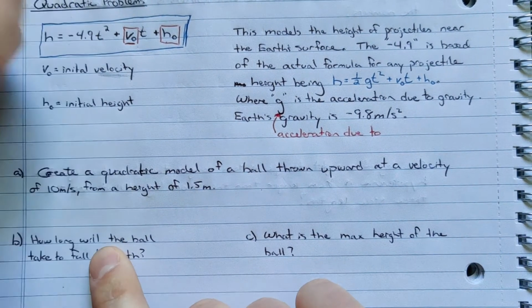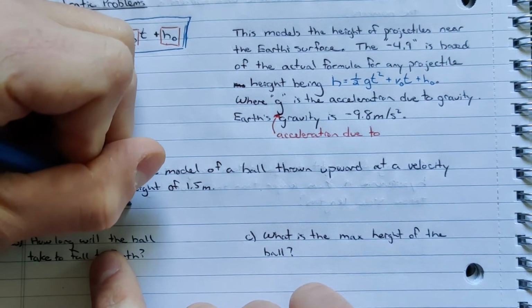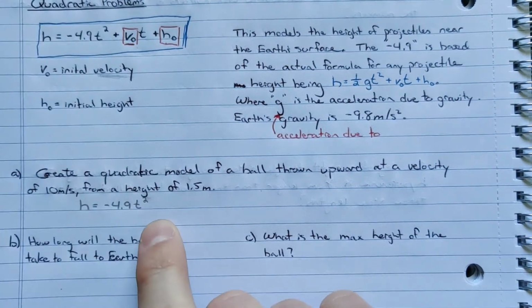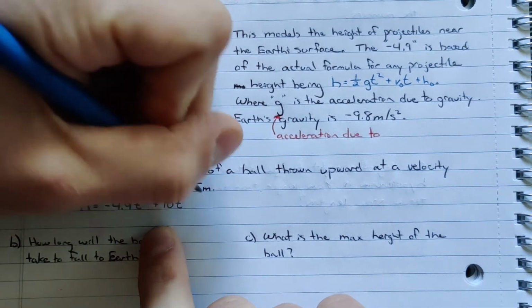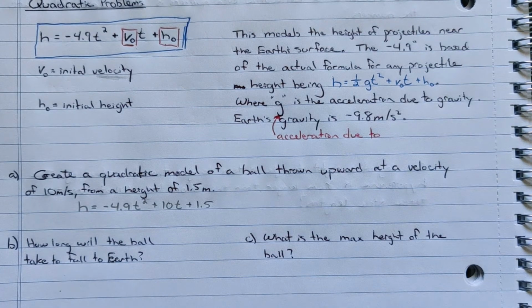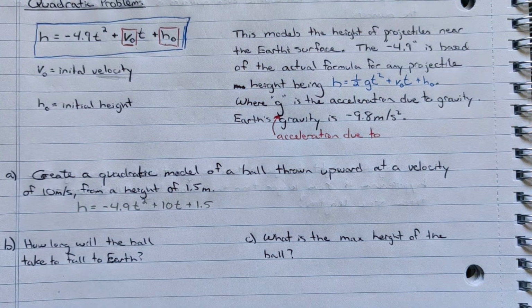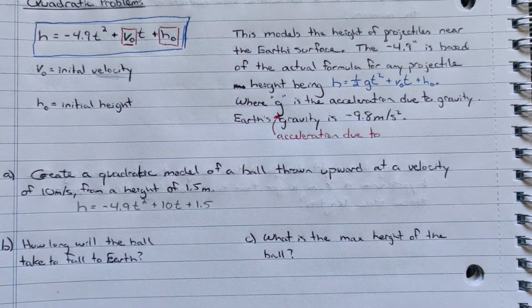So a quadratic model of this would be h equals negative 4.9 t squared plus 10t plus 1.5. That is a quadratic model of a ball being thrown upwards with an initial velocity of 10 meters per second and an initial height of 1.5 meters near the surface of the Earth.